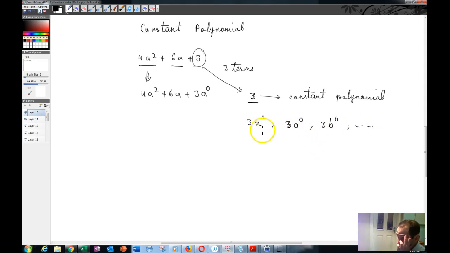Whatever the variable was, the exponent of the variable was 0, so of course you didn't have to write it. And there is also the kind of constant polynomial which is called the 0 polynomial.